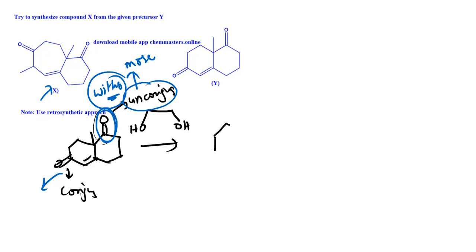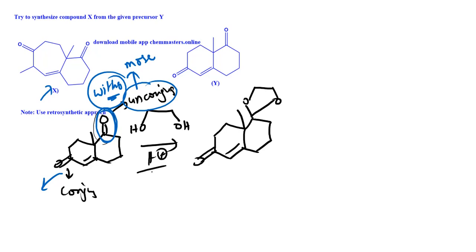Simply, acetal formation takes place by applying glycol. In the next step of the reaction, what happens? Just apply the Wittig reagent, triphenylphosphine ylide.